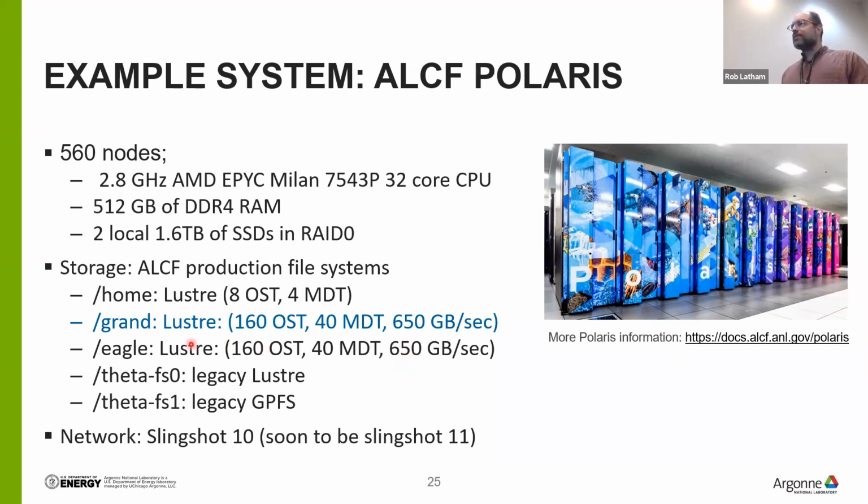And there's a couple other file systems that have been around for a while. The Theta F0 is an old file system from the Theta machine, configured a little bit differently. And there's an even older file system, a GPFS file system that dates back from our Blue Gene days. So that's even older.